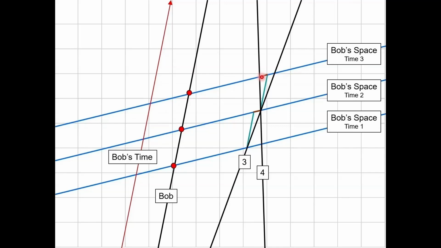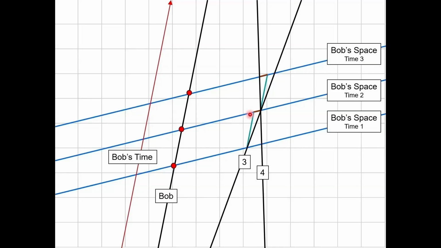And the value of this distance is part of the value of the speed. It's this distance divided by this time. So again, the same angle value can represent two different speed values.